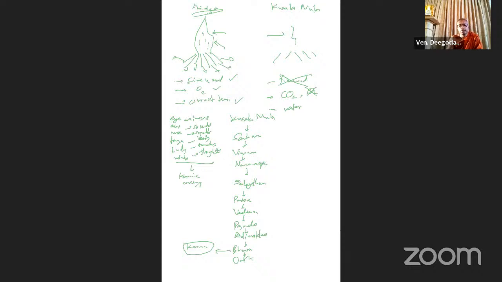So it has both parts. Based on that energy which has been created before, you would see images, hear sounds, feel smells, taste, touches, and you would feel thoughts.